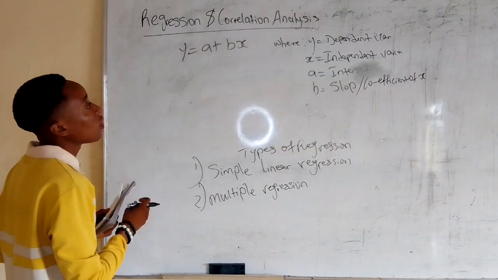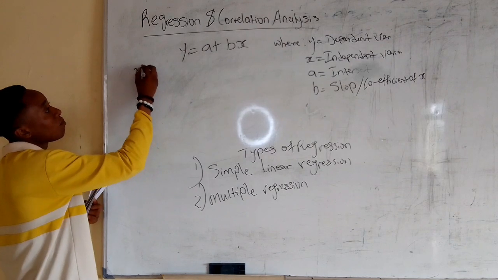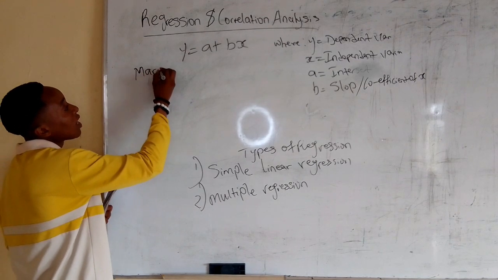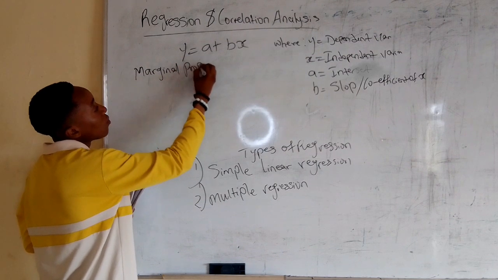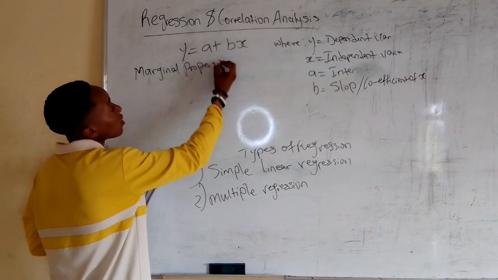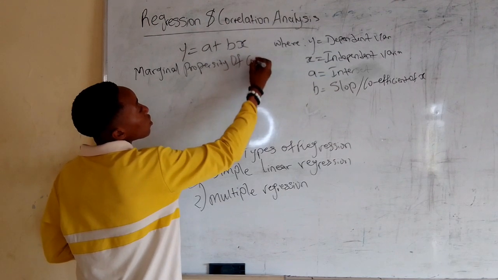So there's also what we call the MPC and the MPS. Our MPC is marginal propensity of consumption.